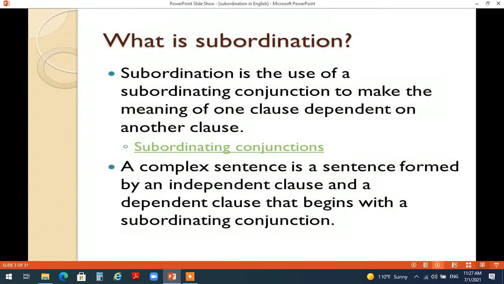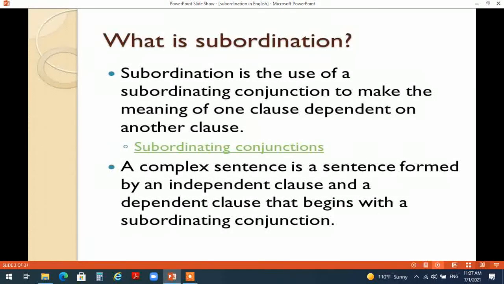So, a complex sentence is a sentence formed by an independent clause and a dependent clause that begins with a subordinating conjunction. إذن حين نستخدم إحدى أدوات الربط التي تسمى subordinators or subordinating conjunctions، في هذه الحالة سيتكون لدينا نوع جديد من أنواع الجمل، والتي أطلقنا عليها اسم الجملة المعقدة complex sentence.